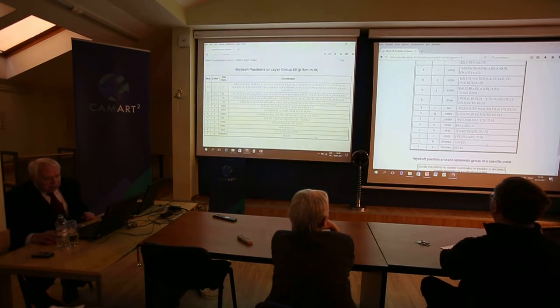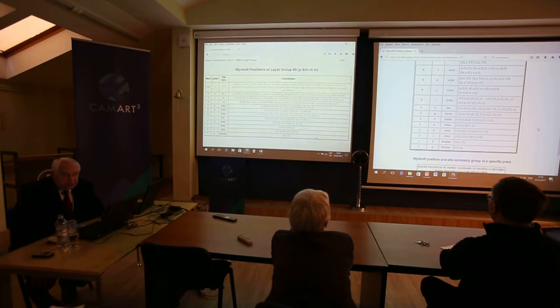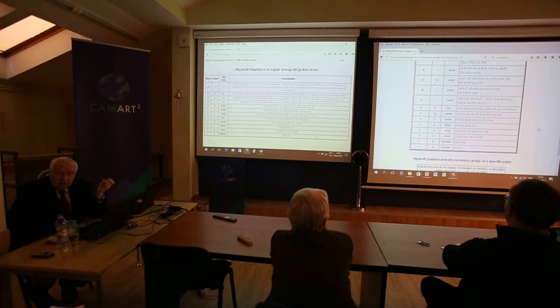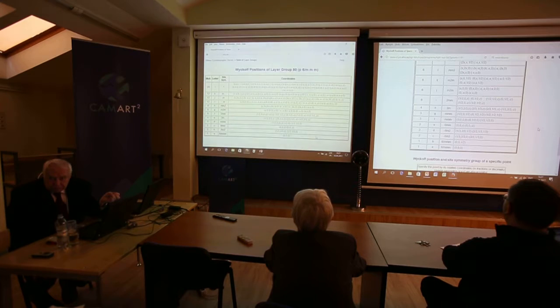And this is very useful, because using this connection between layer and space group, you can analyze the symmetry of electron states and phonon states for layers, not only for bulk crystals, but for layers also. Because you know these Wyckoff positions which are occupied in the layer, and compare with those which are occupied in bulk.